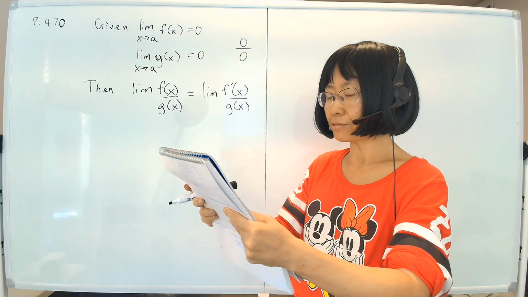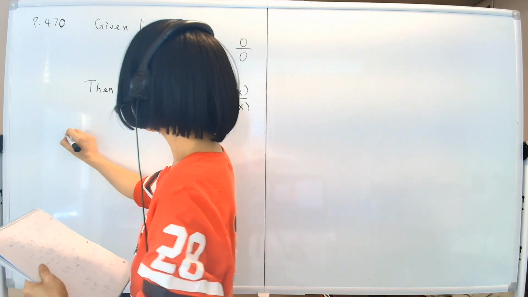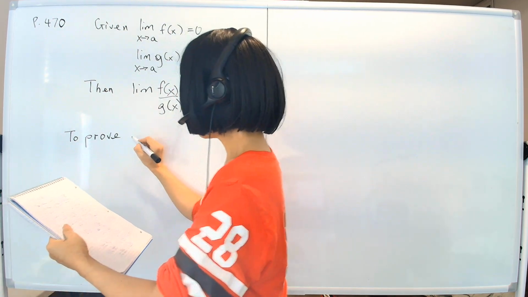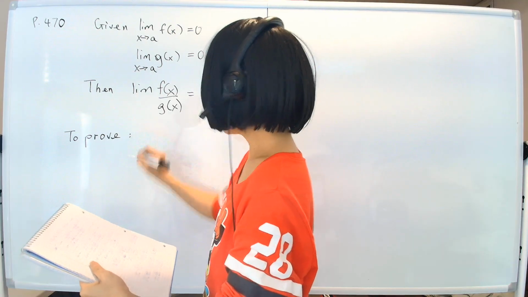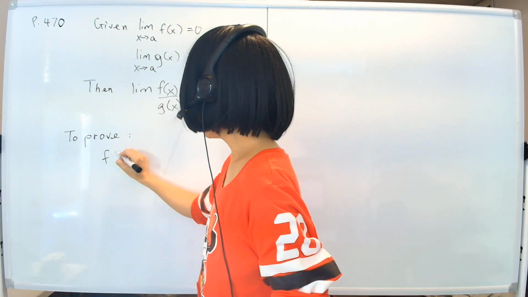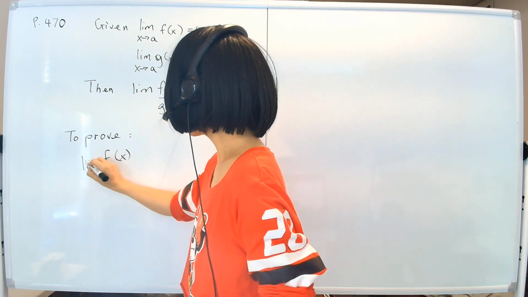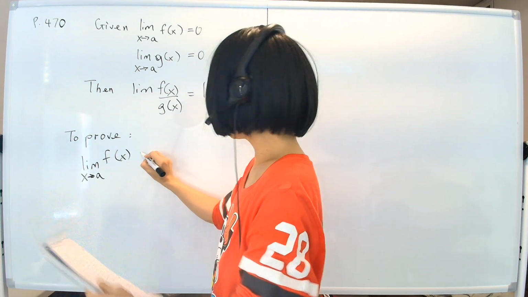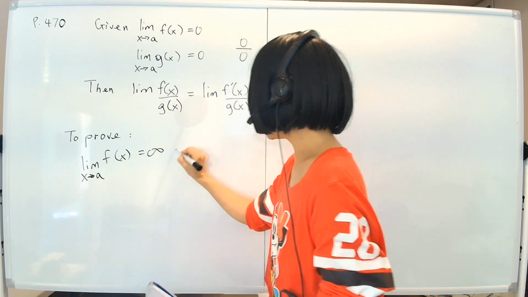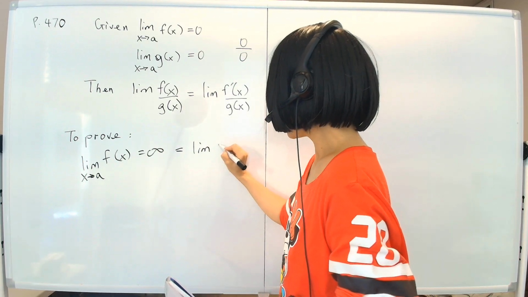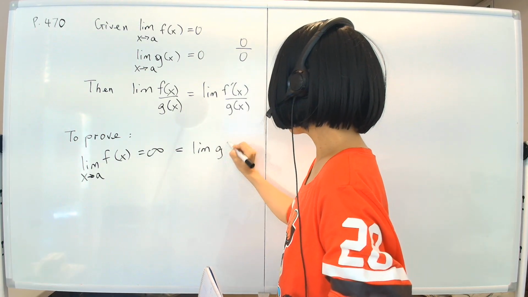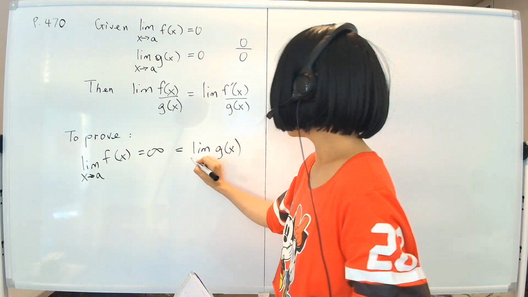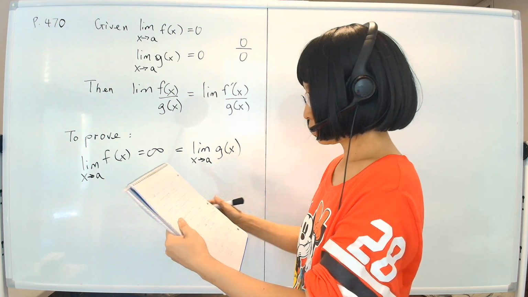So what are we trying to prove? We're in a situation where the limit of f of x is going to infinity, and same for g of x. And in this case, does this also work? We already know the 0 over 0 case, so we're trying to prove the infinity case.